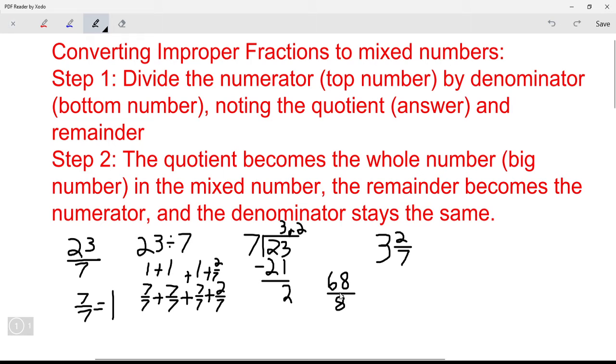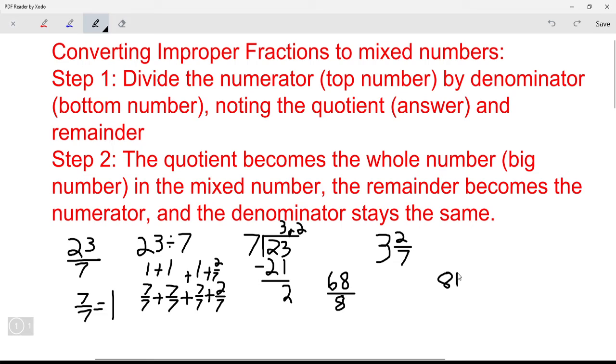And I know that it's an improper fraction. The definition of an improper fraction is a fraction where the numerator is bigger than the denominator. And when the numerator is bigger than the denominator, it means that it is greater than 1. So an improper fraction is a fraction that is greater than 1 because the numerator is bigger than the denominator. So we need to divide.